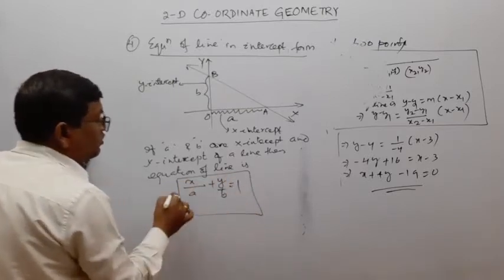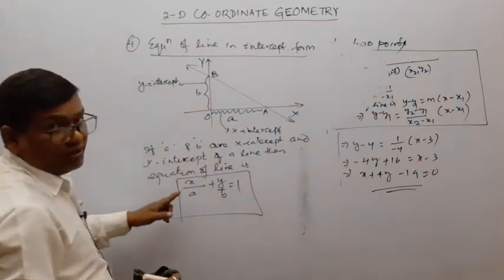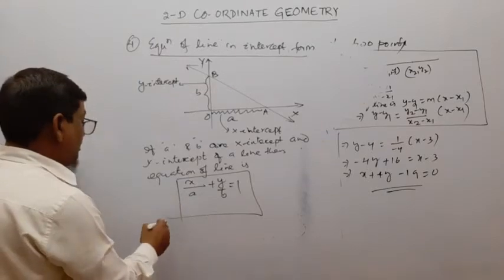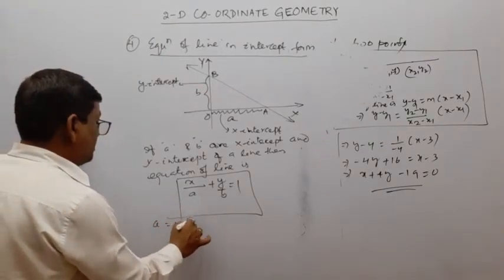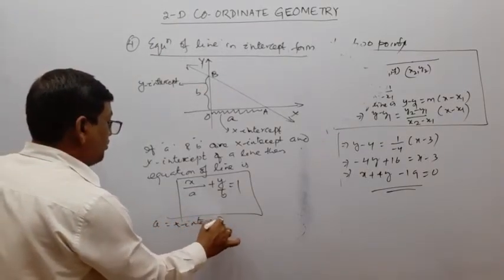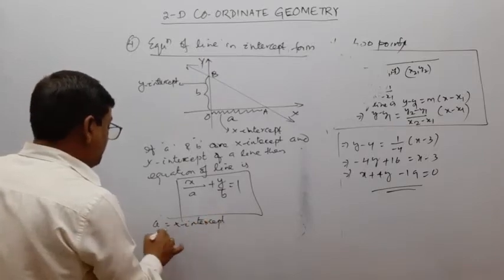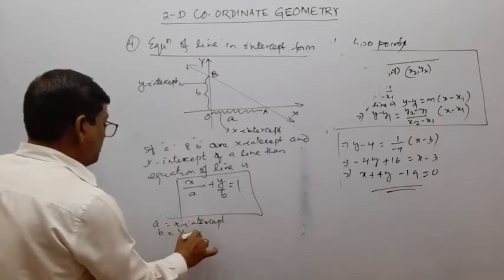This is two intercept form, where A is x-intercept and B is y-intercept.